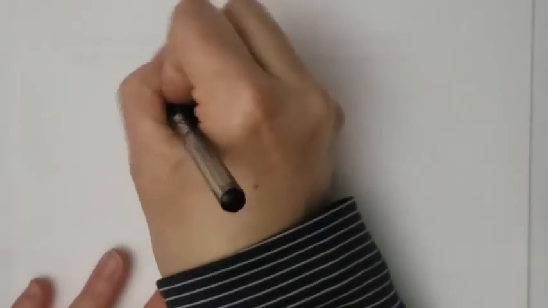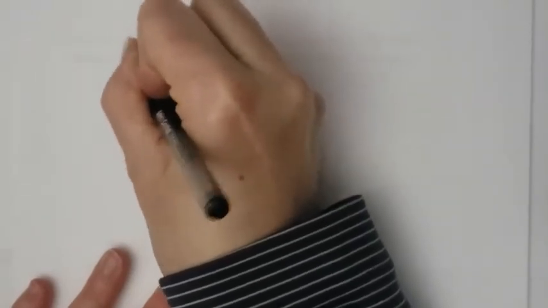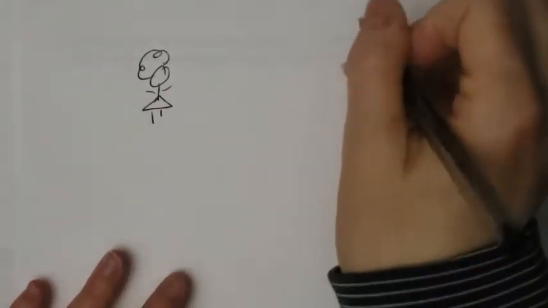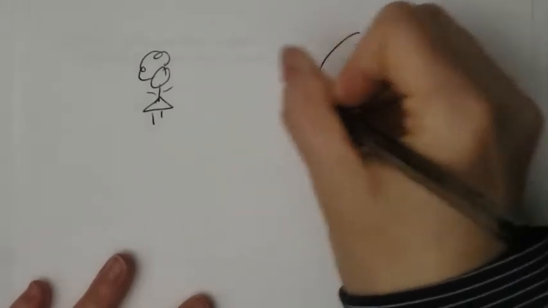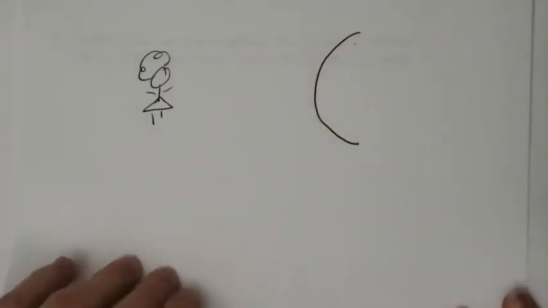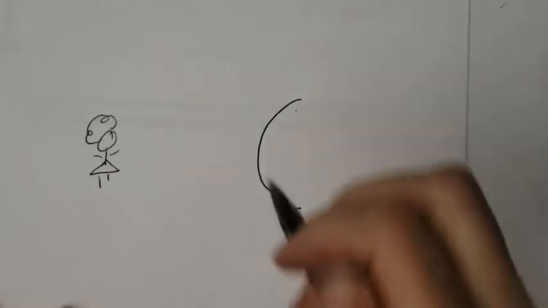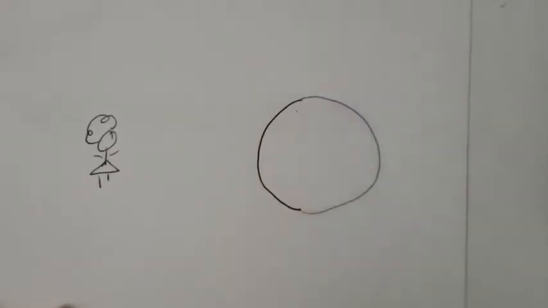So again, we're always going to draw the object, I'm just going to say it's me, on the left side just to be consistent. And a convex mirror bulges out towards me. There's an exaggeration of a convex mirror just bulging out towards me. So if this were drawn as a circle, I'm terrible at drawing circles.